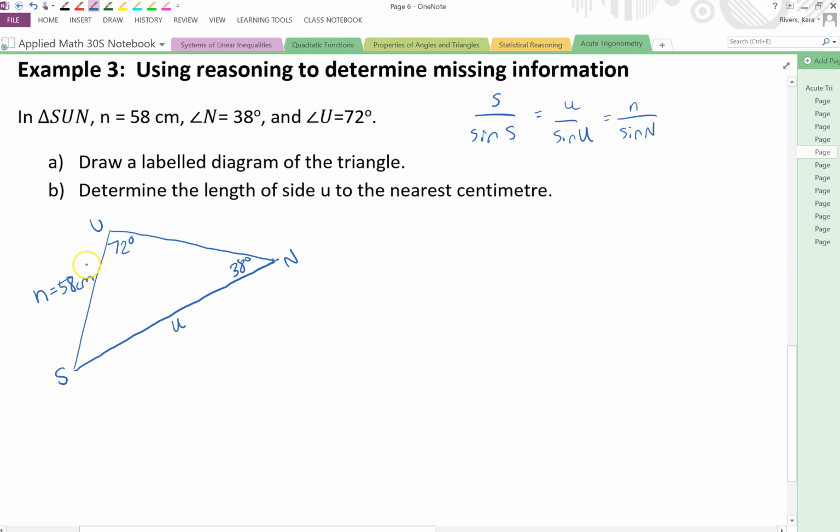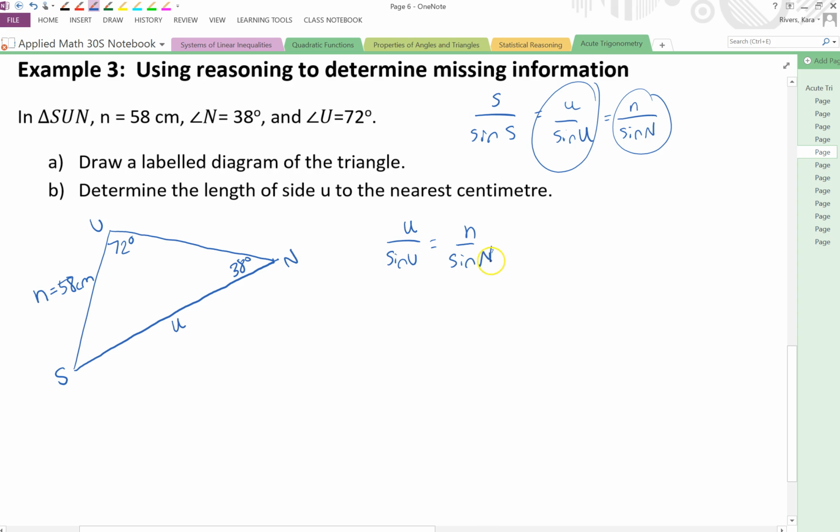So I know when I'm solving for a side, the side that I'm solving for, that pair must be used. And then whatever other pair of information I have. Well, S doesn't give me anything, so I'm going to use N in this case. So U over sine U and N over sine N.